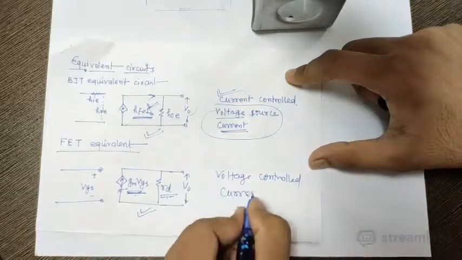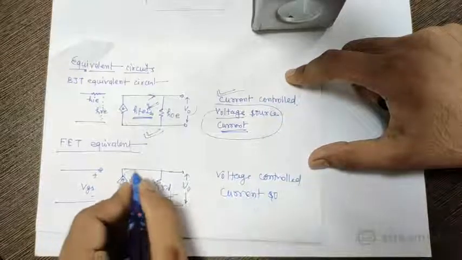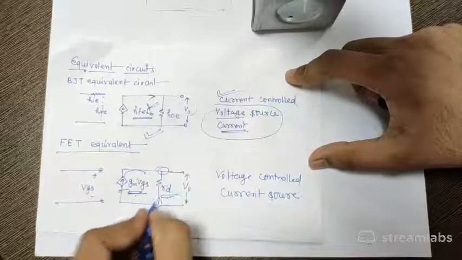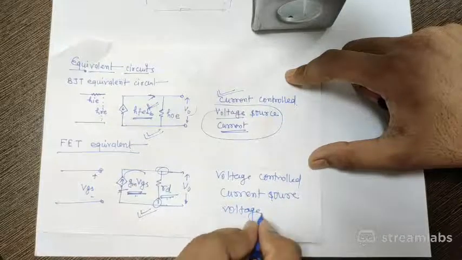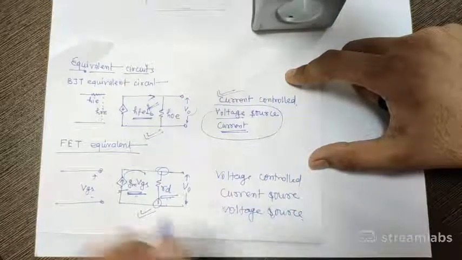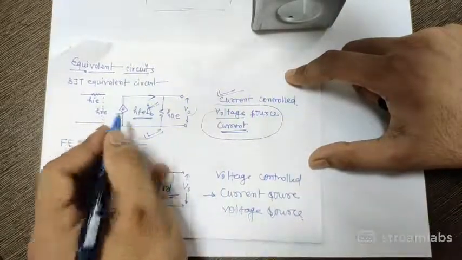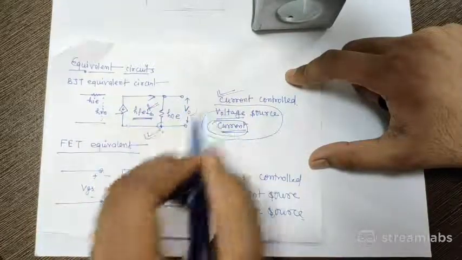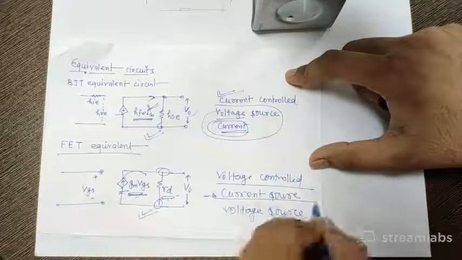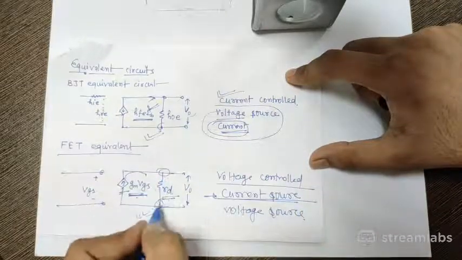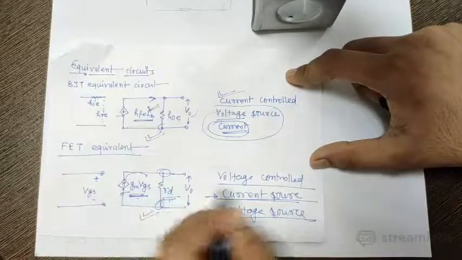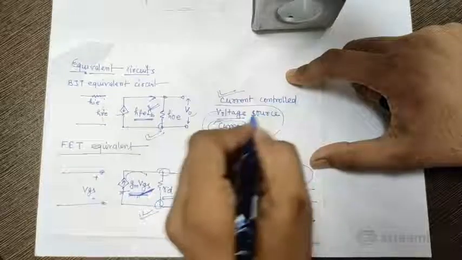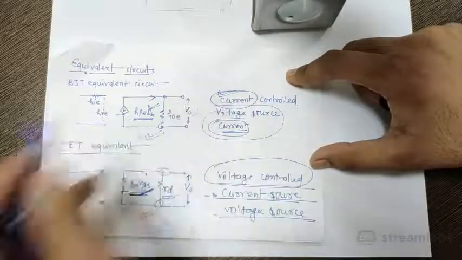Basically it is a current source because the current is coming because of voltage, and this current we are converting to voltage. So this becomes a voltage source, but basically this is a current source. This is also basically a current source, but because we are passing it through a resistance, this is becoming a voltage source. This is also a voltage controlled current source, and because we are passing through a resistance, this is becoming a voltage source. Important thing is this is voltage controlled, because it is controlled by input voltage, and this is current controlled because it is controlled by current.